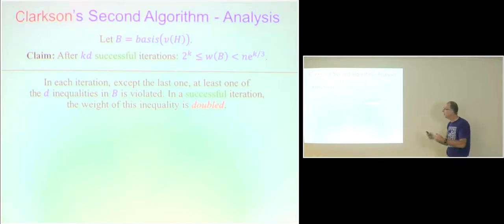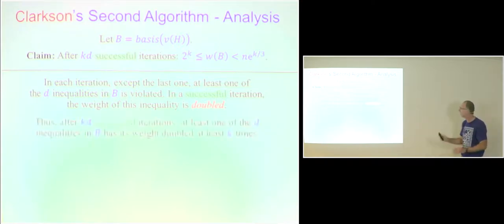So if it's not the last iteration, at least one of the d inequalities in the basis B is violated. And if it's a successful iteration, the weight of this inequality will be multiplied by 2. Now, in kd successful iterations, at least one of the d inequalities had its weight doubled at least k times. That's why we have the following claim. And in fact, this lower bound is not tight. We can actually improve it slightly, but we don't need to.